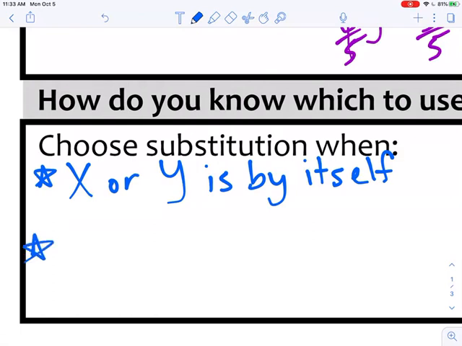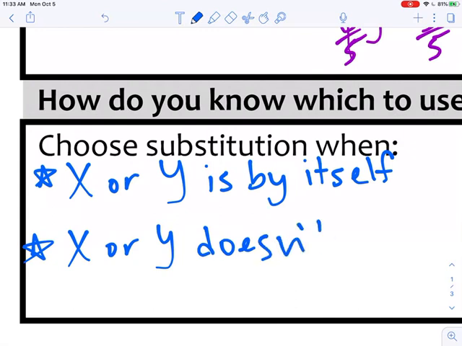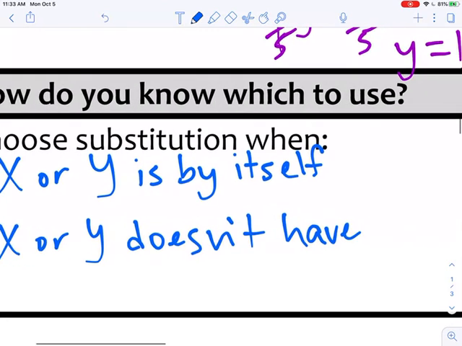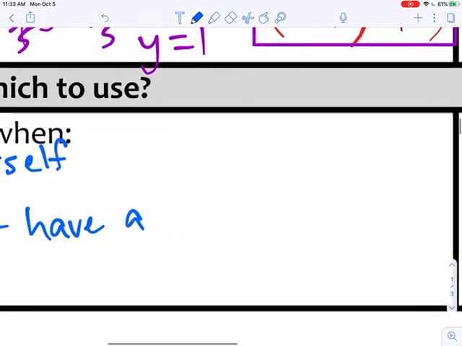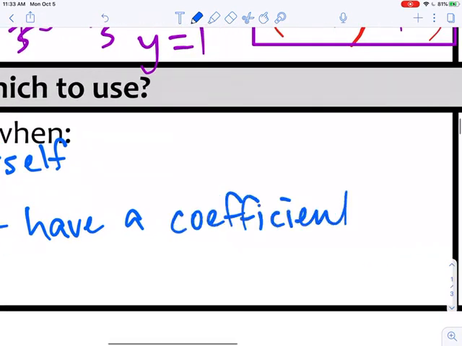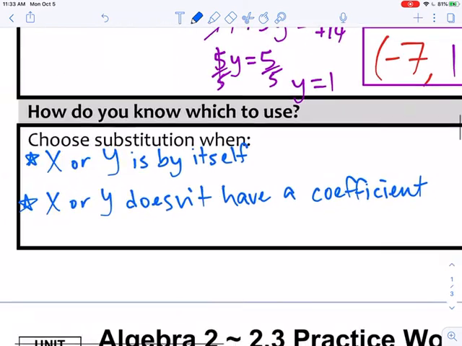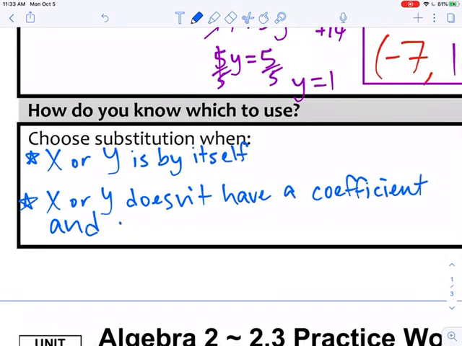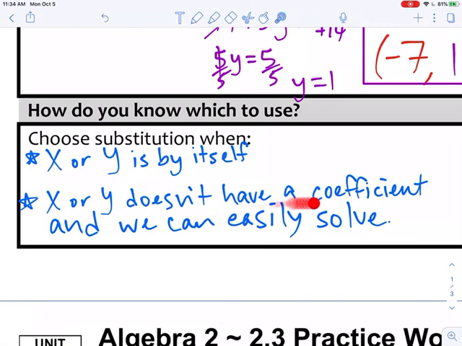The next one is if x or y doesn't have a coefficient. So we want to make sure that we can find one that doesn't have a coefficient so I don't have to divide at the end.